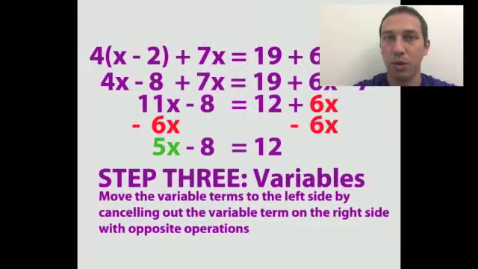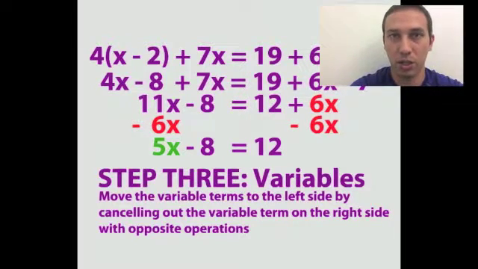Now that we've simplified both sides of the equation, we can start isolating the variable, getting it all by itself on one side of the equation with one constant on the other side. The first thing we're going to do is get the variables all on one side. So in step 3, what you'll need to do is move all of the variable terms in your equation to the same side.